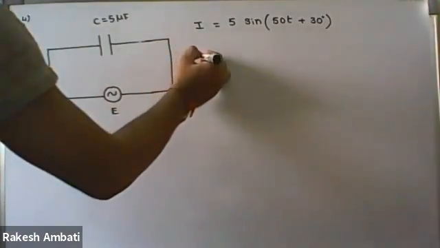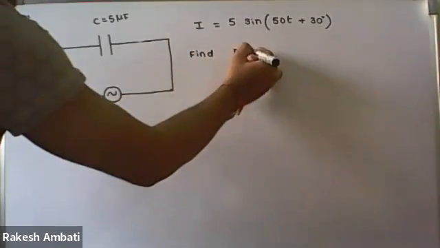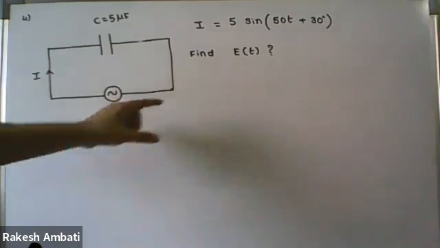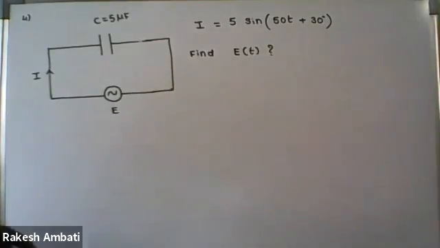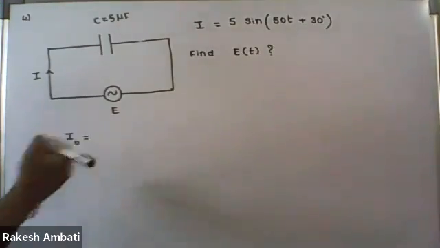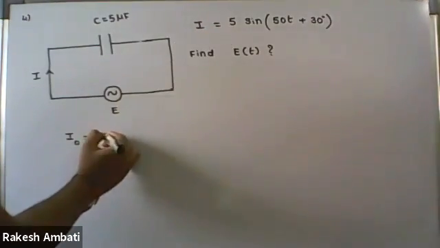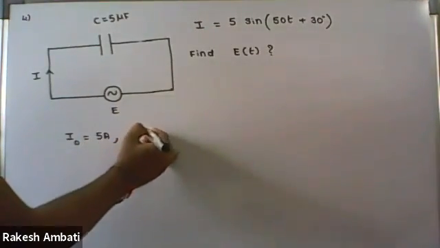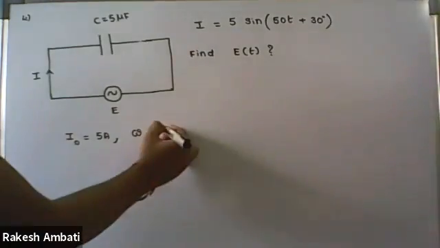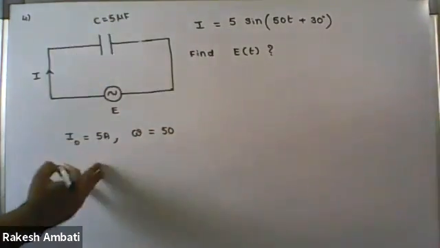Find the EMF as a function of time. First of all, what is the I naught value given? 5. And what is the omega value given? 50. Capacitance is already given.